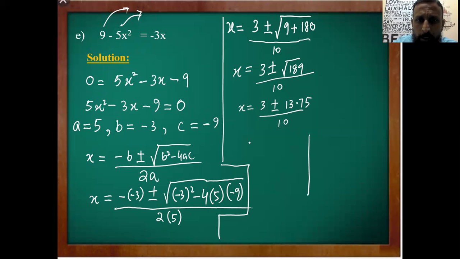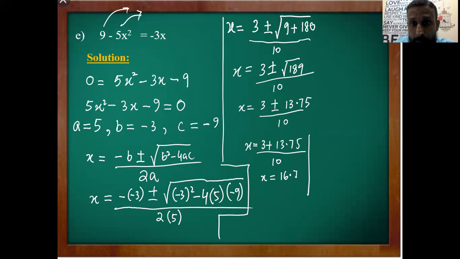We need two columns. In the first column, we write the value of root 189 with the plus sign. 3 plus 13.75 upon 10. All right, 13.75 plus 3 makes 16.75 divided by 10.